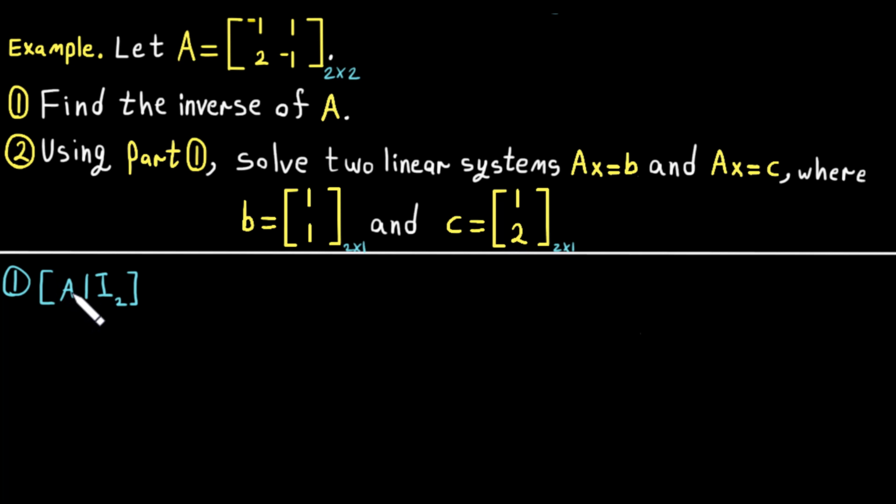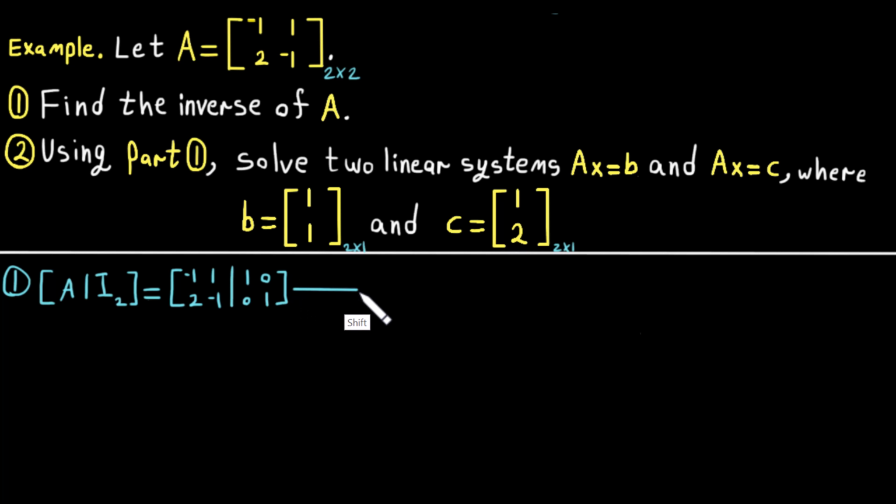The left side, I mean the matrix before this line, which is the matrix of A, and the operation that we do to the left side, we have to apply to the right side as well. So here, this is the matrix: -1, 1, 2, -1, and here the line of the augmented matrix, then here 1, 0, 0, 1.